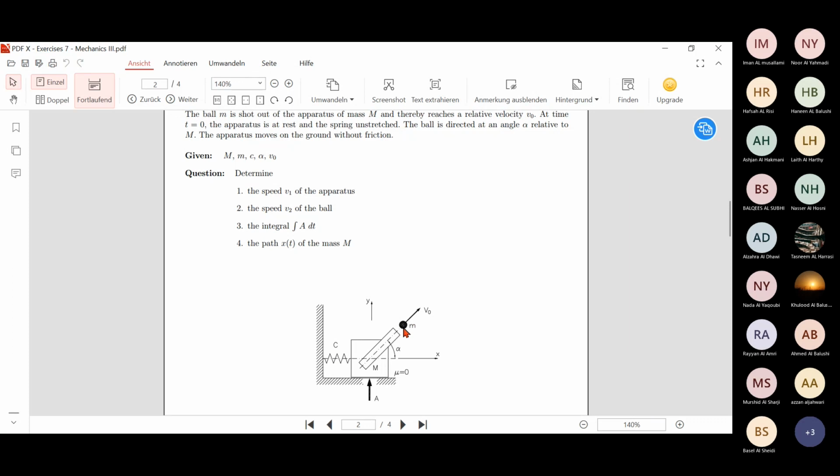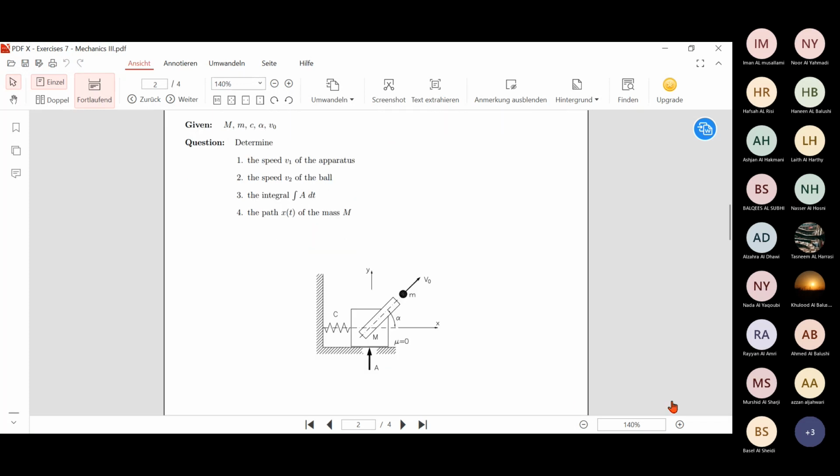Of course, it's different from the velocity of the ball. The speed V2 of the ball, the integral of this normal force A, and the path x of t of the mass capital M, or of the apparatus.